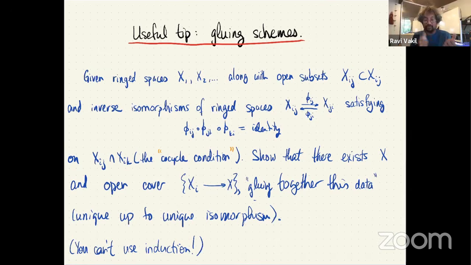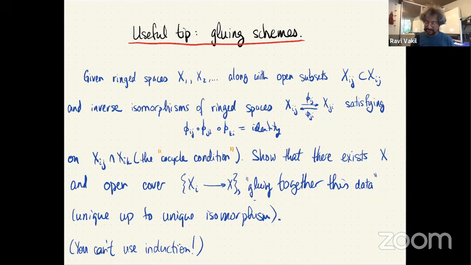You can glue together lots of local patches. And a useful thing for schemes is you can take a bunch of schemes and glue them together. And what you need to glue them together, rather than taking something and recognizing the open cover in it, is that you want to begin with the open cover and figure out how to glue them together. And the information you need is you need to know things up to triple overlaps, not less, not more.